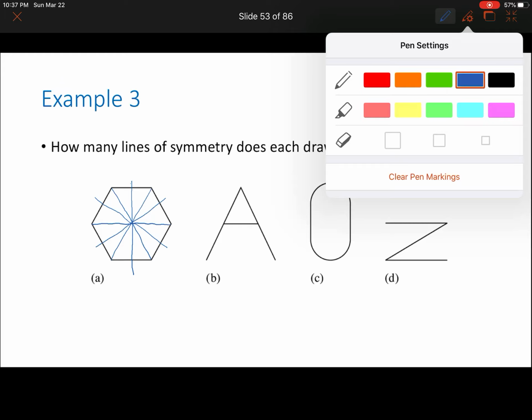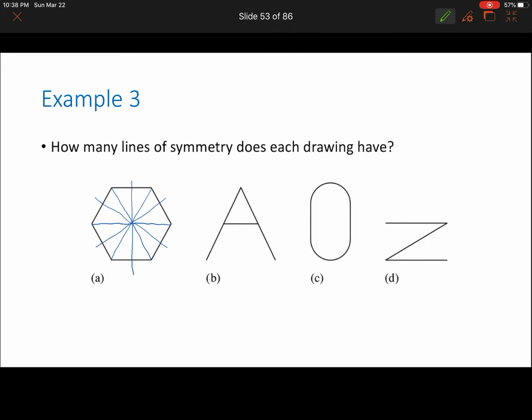There's not any other lines, because if I were to take, for example, a line that went through here, obviously I'm not splitting it where the left side is equal to the right side or top equal to bottom, and so that's not going to work. So the only lines of symmetry are the ones I've drawn in blue.